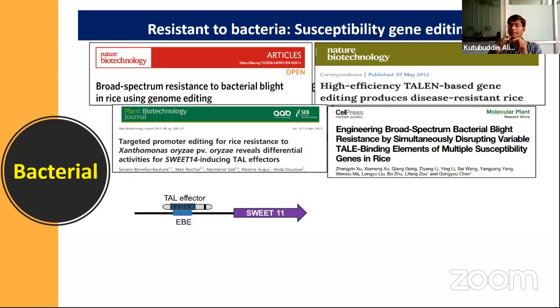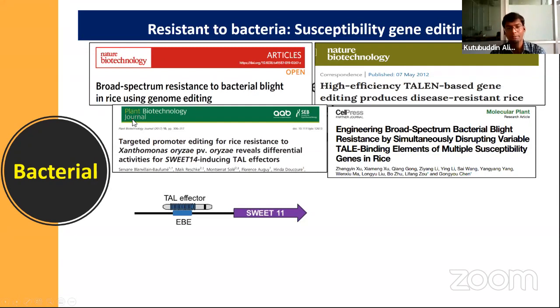When this EBE sequence is disrupted, the TAL effector can no longer bind, because the sequence has been changed. The TAL effector cannot recognize whether it is the SWEET promoter or not, so it cannot bind. SWEET11 is not being used by that pathogen, so the defense of the rice plant gets enhanced.